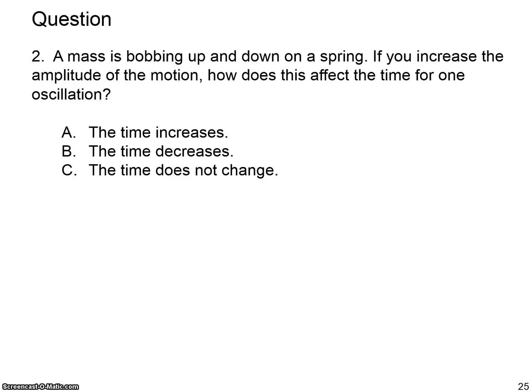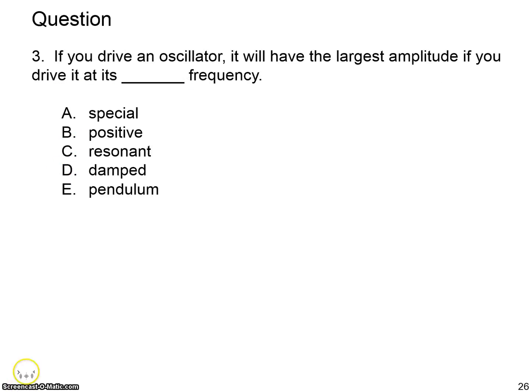Well, we've mentioned several times that the amplitude does not change the period, so the answer here would be C. And the last one here, if you drive an oscillator, it will have the largest amplitude if you drive it at its resonant frequency. It will give you the maximum amplitude. That's all for the PowerPoints for this chapter.